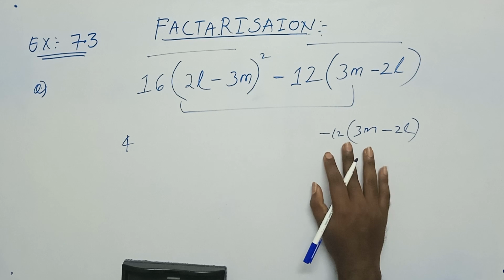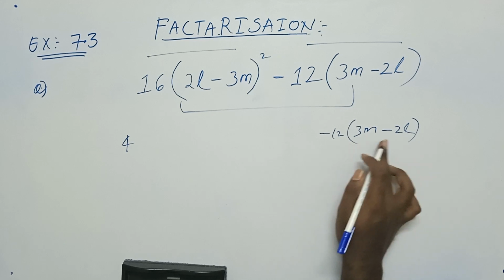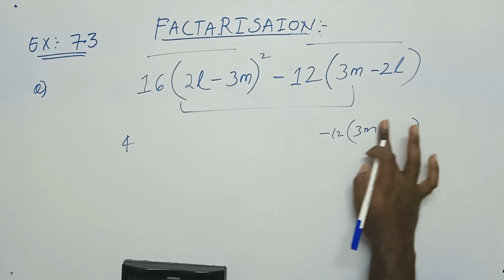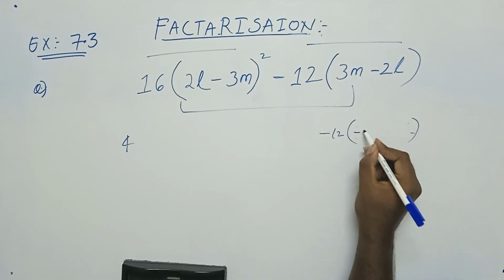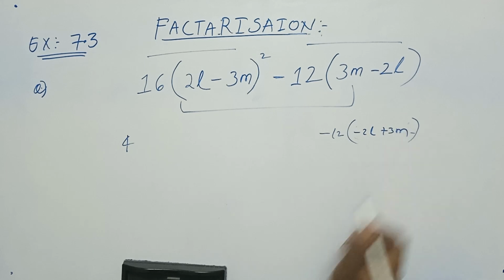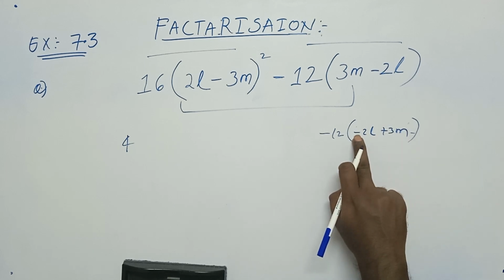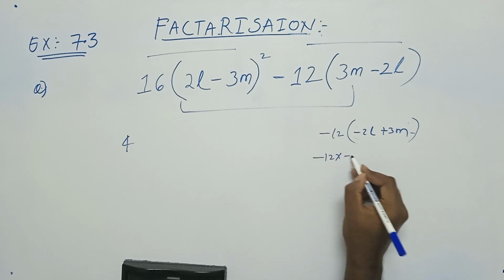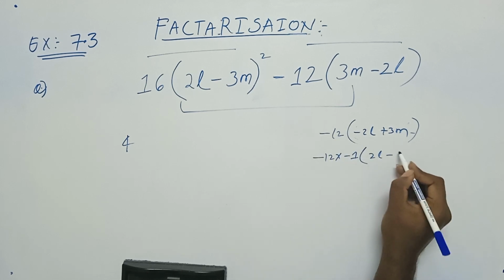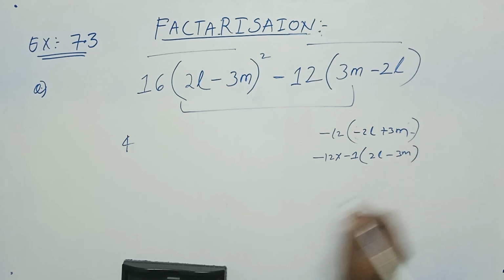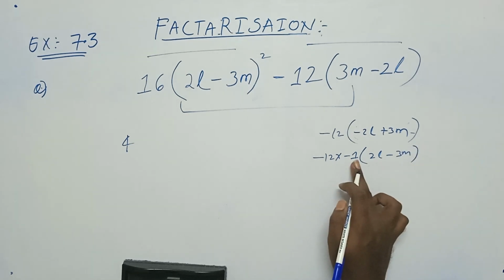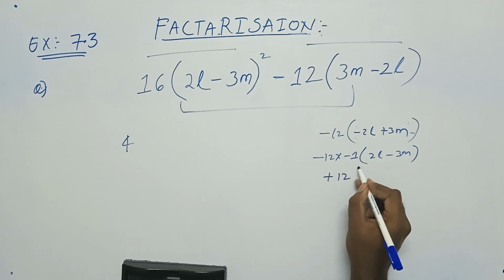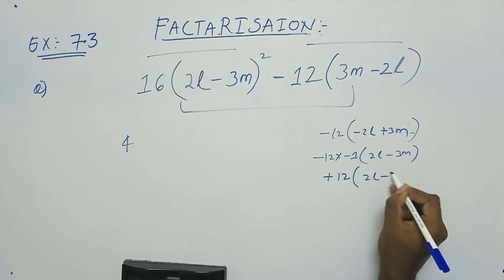So how can we change this? We will try to bring the minus sign outside the bracket. If you rewrite this as minus 12 plus 3m, we take the minus sign outside the bracket. It becomes minus 12 times minus 1 of (2l minus 3m). So minus 12 into minus 1 is how much? It is plus 12. So plus 12 times (2l minus 3m).